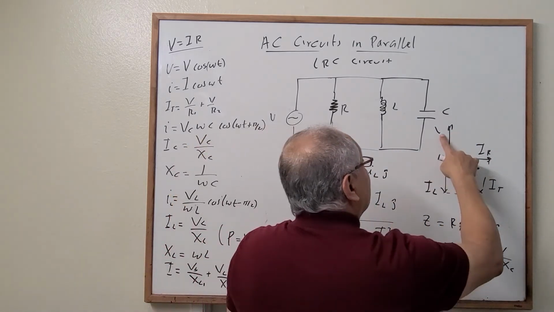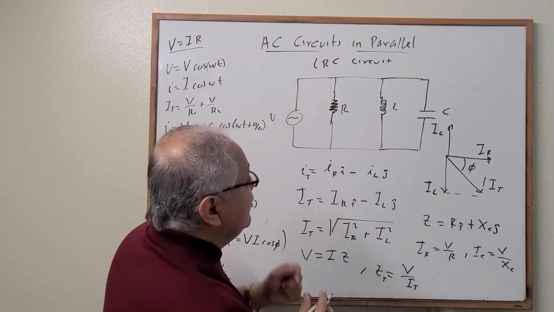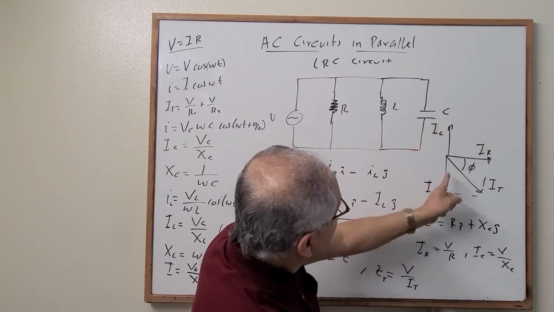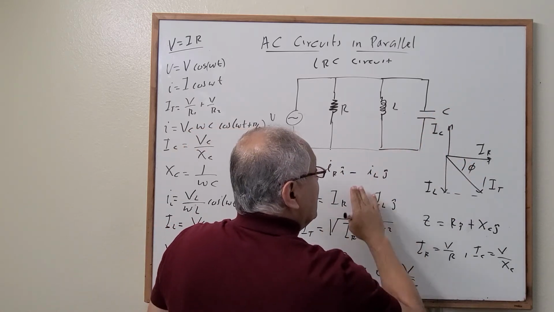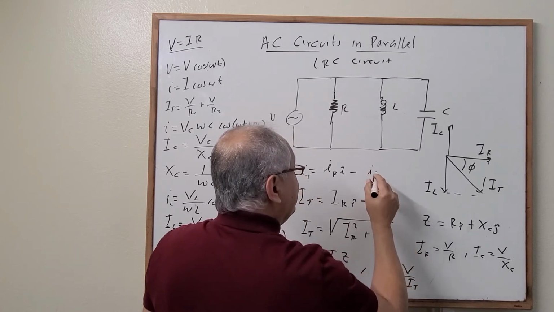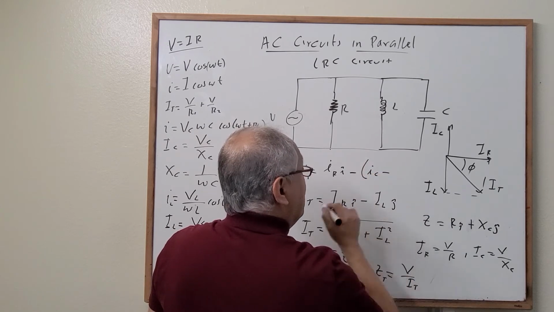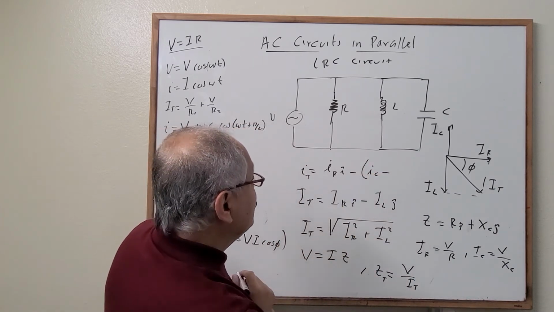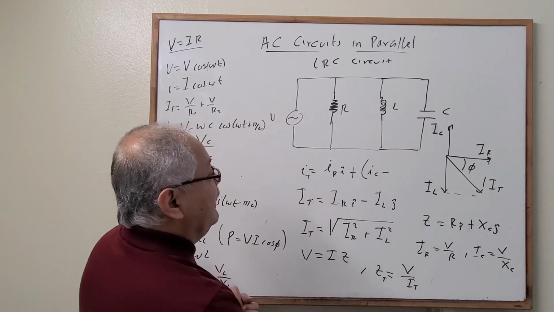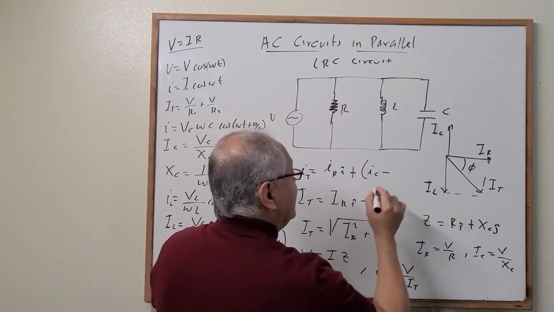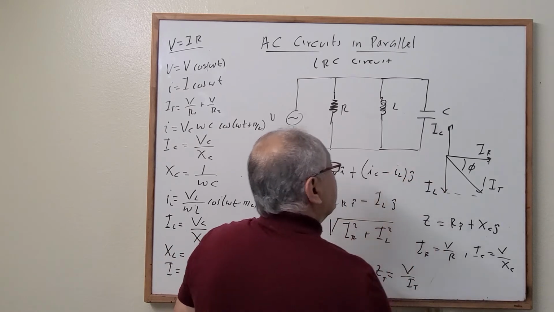This is the current through the capacitor, correct? So you can see these two are in the same direction, the y direction. So this is equal to the current through the capacitor, correct, minus the current through the inductor in this direction.